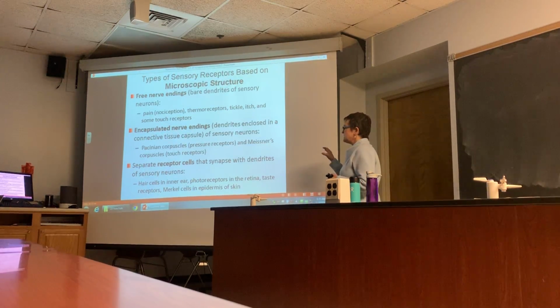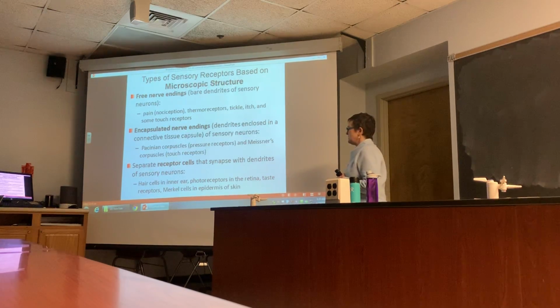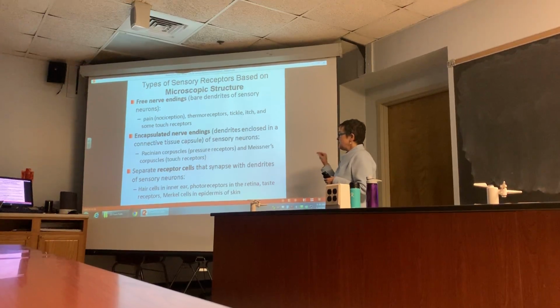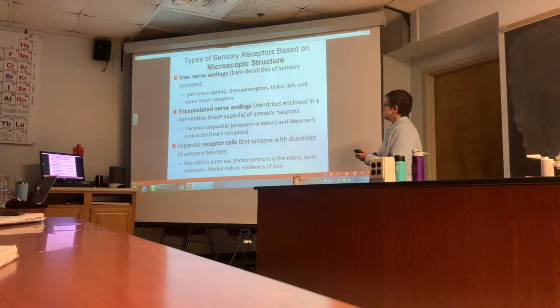We'll see these in various places, like taste buds, for example, and photoreceptors in the retina. We get into those more when we get to special senses, but in the general somatic senses, it's the Merkel cells in the epidermis of the skin.